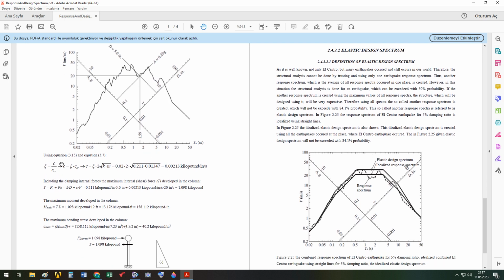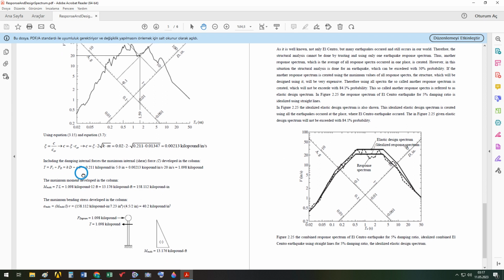Now calculate the damping ratio from this formula. Actually, we have the damping ratio, 2%. We have to calculate the damper's damping coefficient. We know K, the lateral stiffness, the mass, and the damping ratio. These are its units.